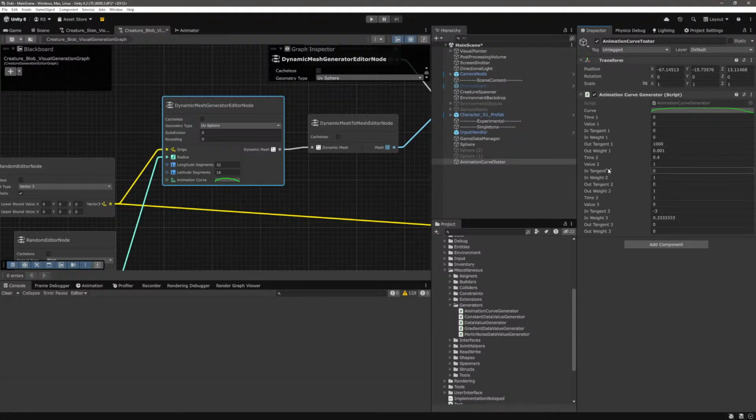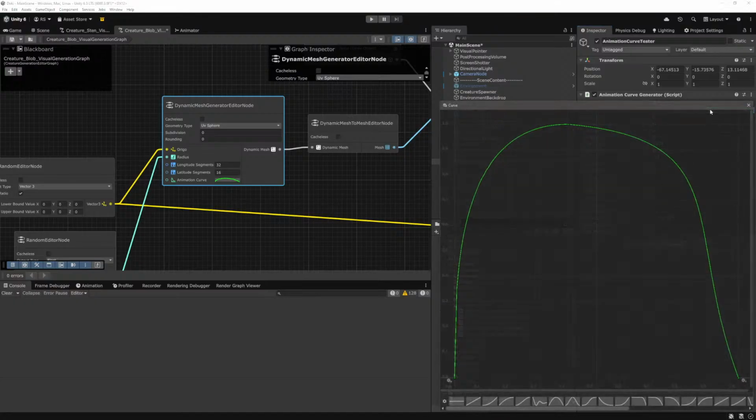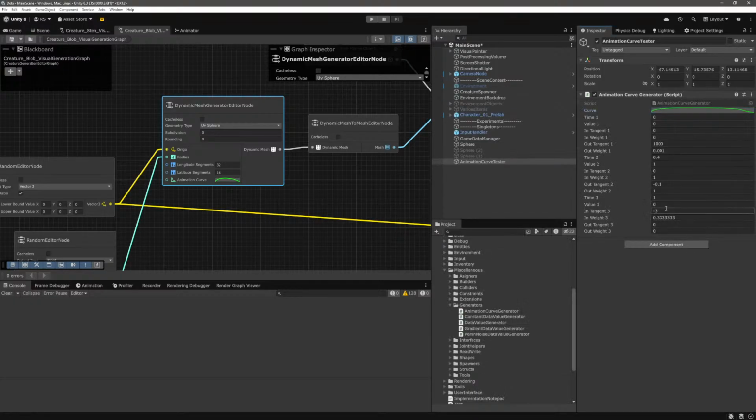If we do out tangent minus 0.1, it still goes to this one, you see? Which makes me want to try out tangent 0.